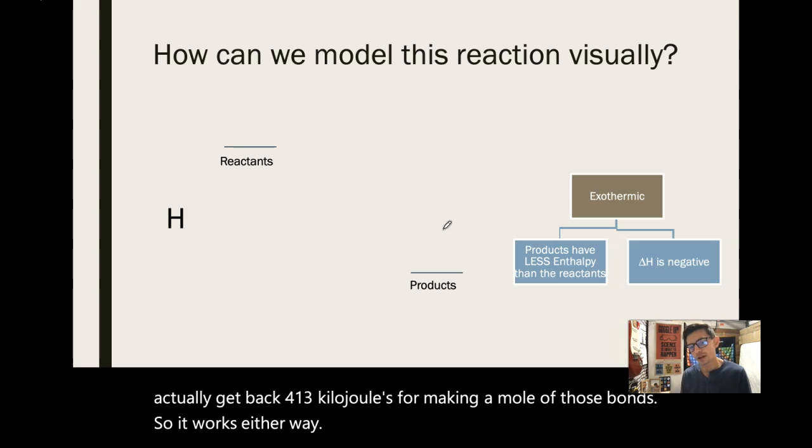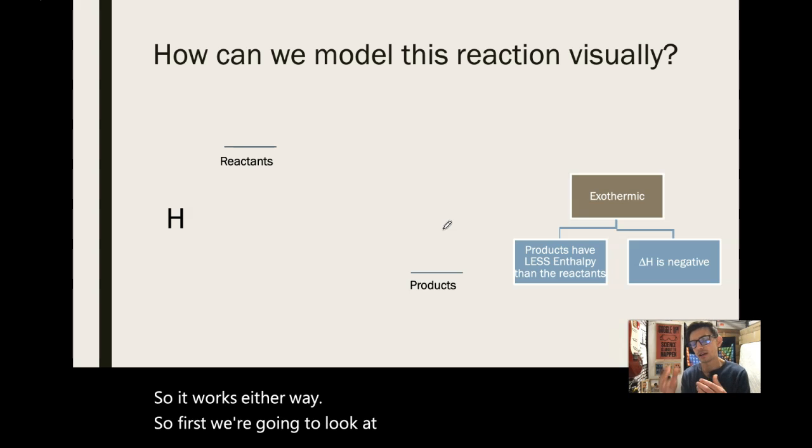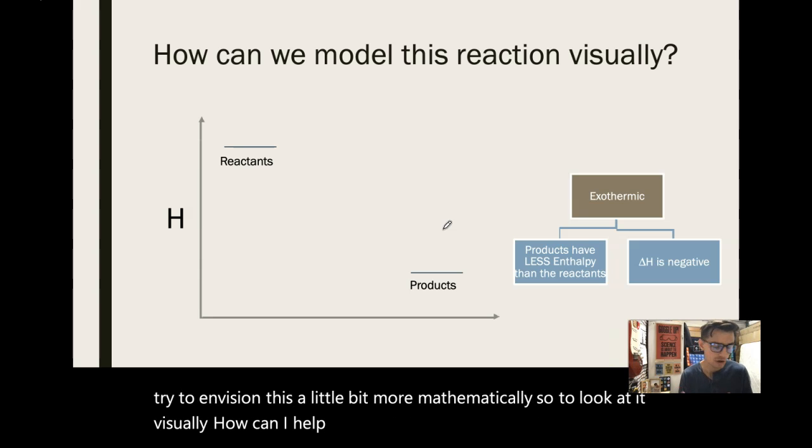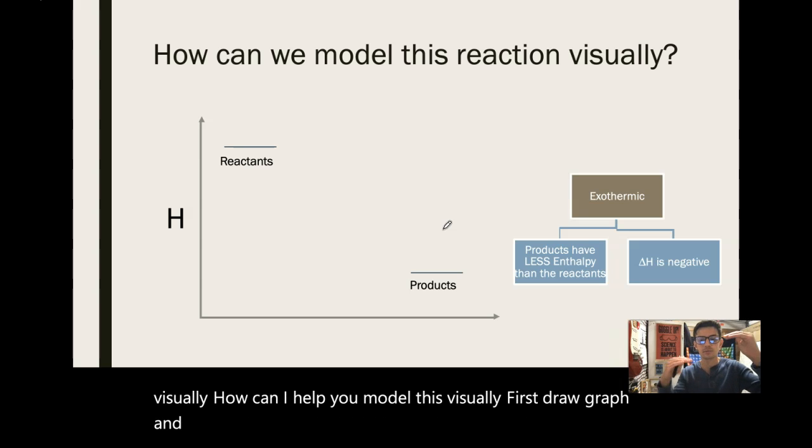So first we're going to look at this visually, and then we're going to try to envision this a little bit more mathematically. To look at it visually, how can we model this? First, let's draw a graph, and let's put reactants and products on this graph.